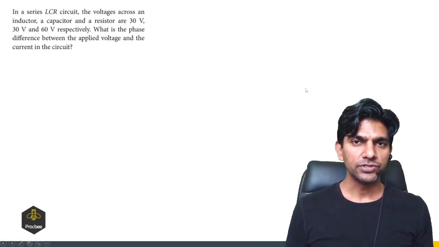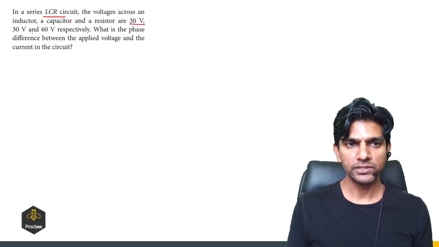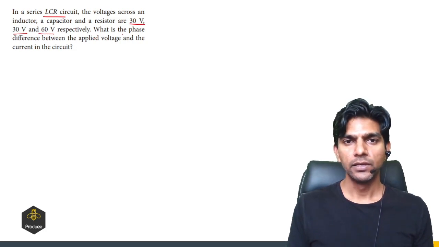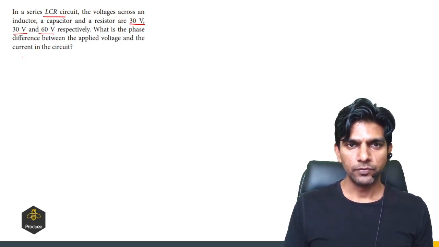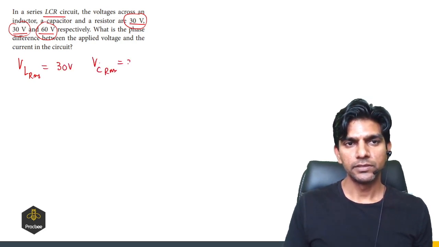Now let us do some illustrations from the LCR circuit. So we have a given series LCR. The voltages across the inductor, capacitor and resistor are 30 volts, 30 volts and 60 volts respectively. What is the phase difference between the applied voltage and the current in the circuit? Whatever these values are given, these are RMS values. So we can say VL RMS is 30, VC RMS is 30 and VR RMS is 60 volt.